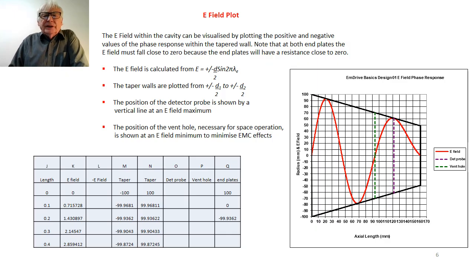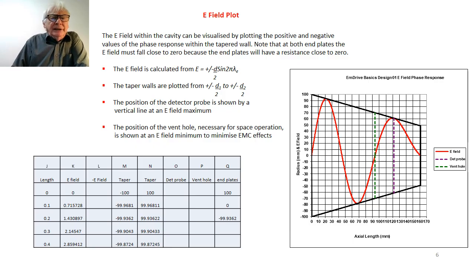You start off with the input conditions of close to 0 E field at both end plates, simply reflecting the fact that each end plate has a resistance as close to 0 as we can make it.